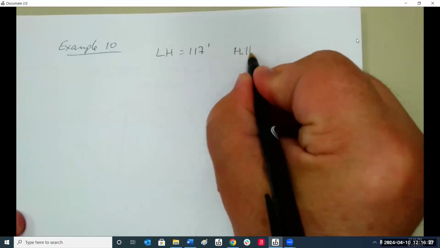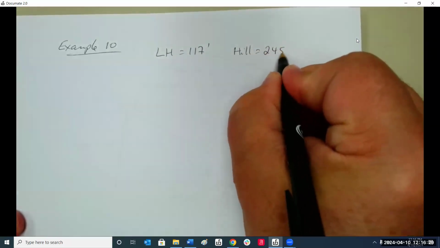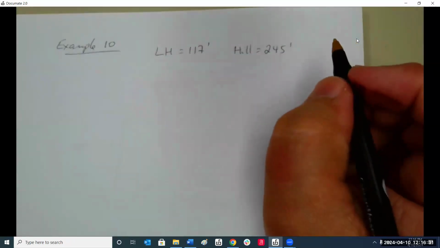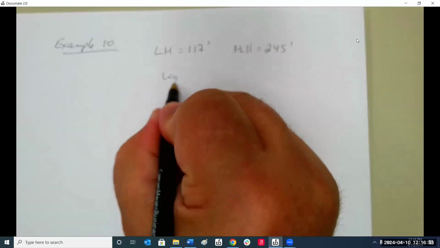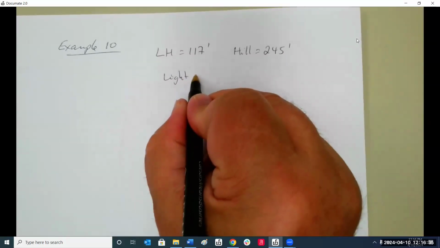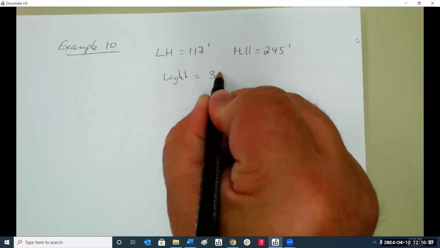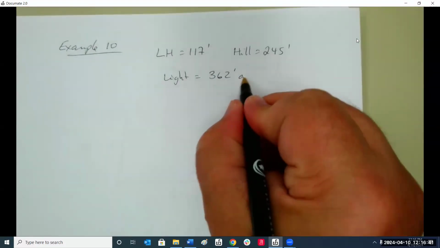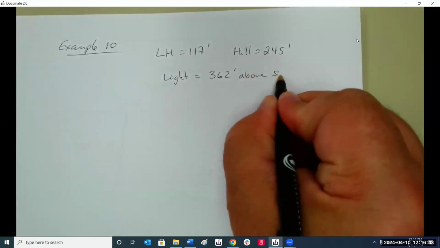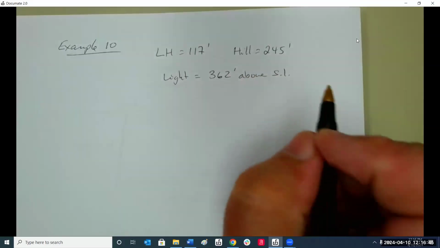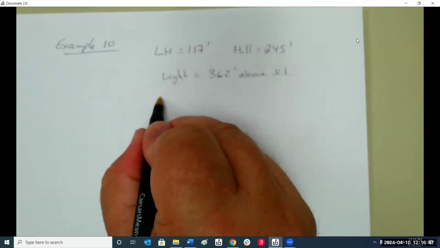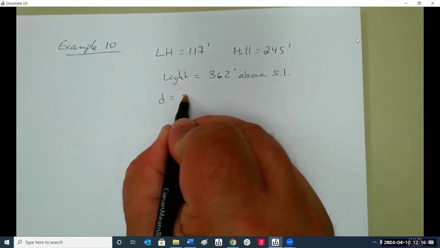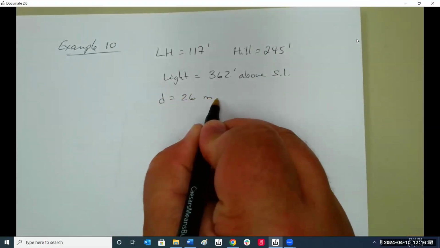The hill is 245 feet tall. The light can be seen 362 feet above sea level. The distance is 26 miles.